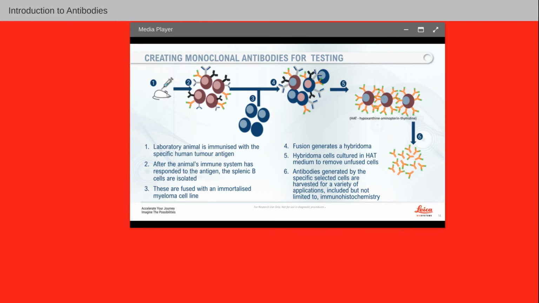Initially, within the hybridoma, there will be multiple B cell clones, and they will produce a range of antibodies against various epitopes on the protein antigens. To produce a monoclonal antibody, you need to isolate a single immortalized B cell clone. To do this, you have several different dilutions of HAT medium over multi-well plates.